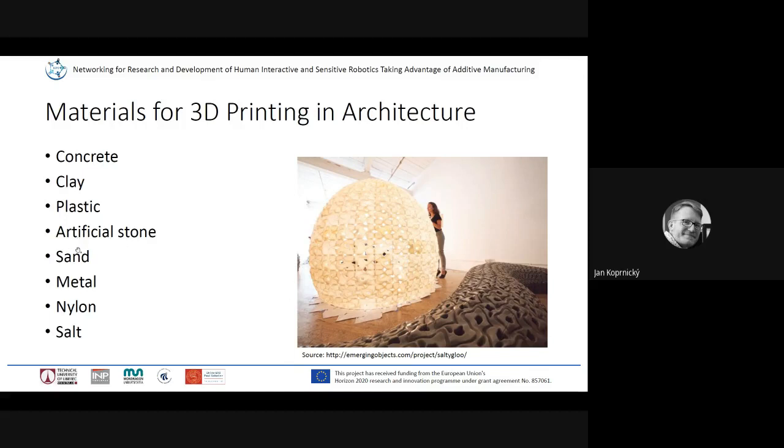Artificial stone is used also, sand, metal, nylon, salt, and a mixture of the mentioned materials. On the right side, I was wondering if there really exists a salty house. So you can see the igloo, let's say, printed from salt material. I don't know if it is possible to use it outside, but it's a very nice architecture object. And from a technological point of view, why not use this material?